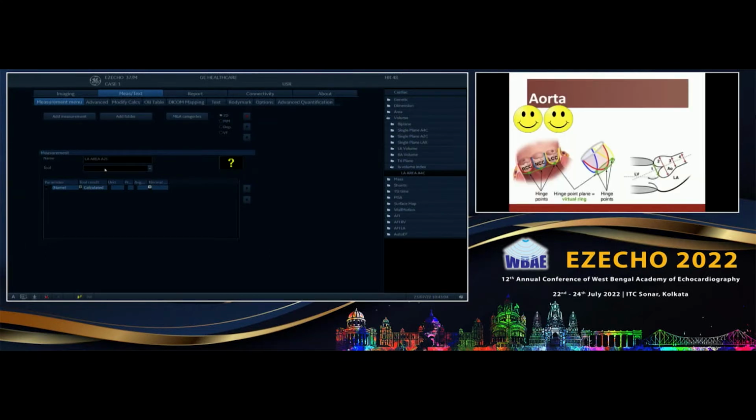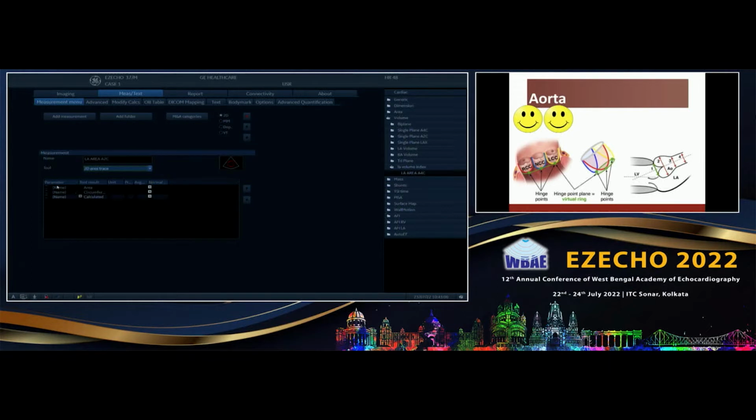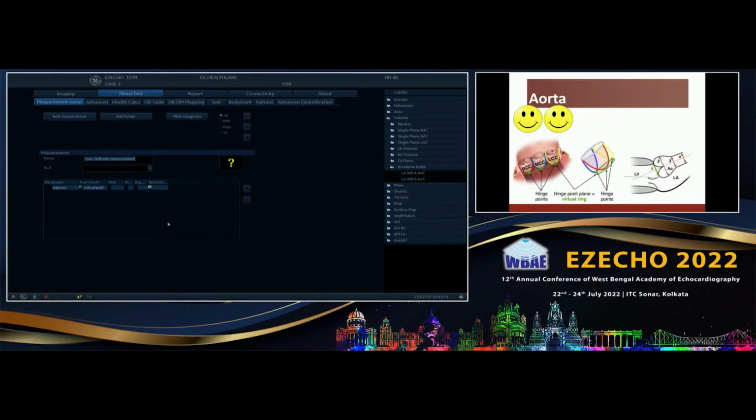Okay. Sir, you rightly said that the LA axis is slightly different from that of the LV, and we need to modify the four chamber view to get the maximum. But isn't it so that when the chamber enlarges, it's quite subjective in different patients?